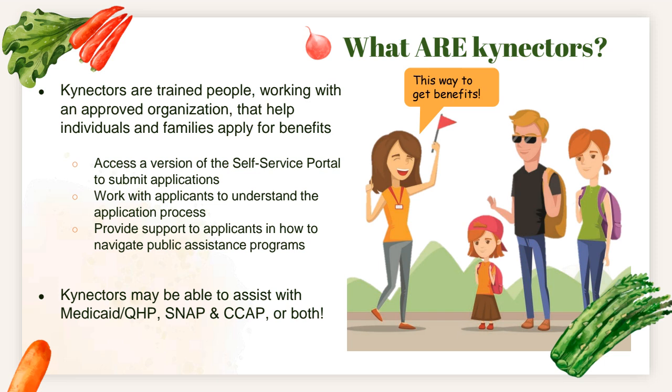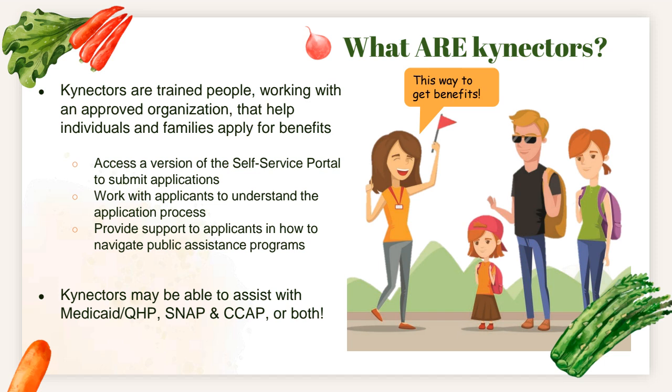They have a slightly different version of that self-service portal, that online portal that folks can use to apply for themselves. Kynectors have a more robust version of that to help submit applications. They're working with families to understand the process, to know what to expect next, and they're providing support on public assistance programs in general. There's just so much to know about the SNAP program, and so they're helping folks understand what's next.